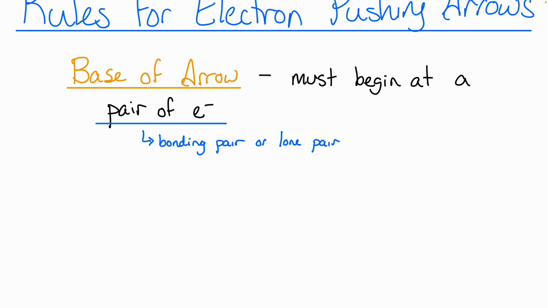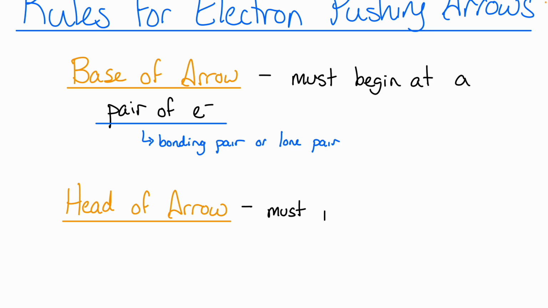Okay? The head of the arrow. All right, the head of the arrow must point at an atom that's accepting that pair of electrons.